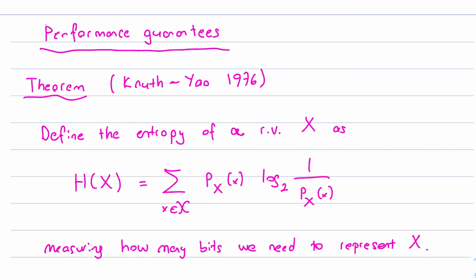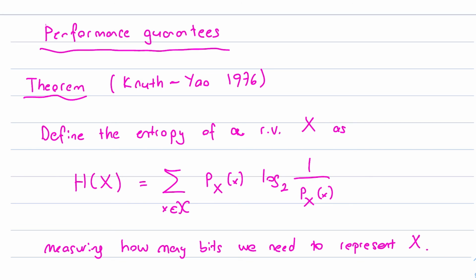Finally, we will talk about the performance guarantees of this algorithm, and this was proved by Knuth and Yao in 1976. First, we will define the entropy of a random variable X, which is given by the summation over little x of p_X(x) times logarithm base 2 of 1 over p_X(x).